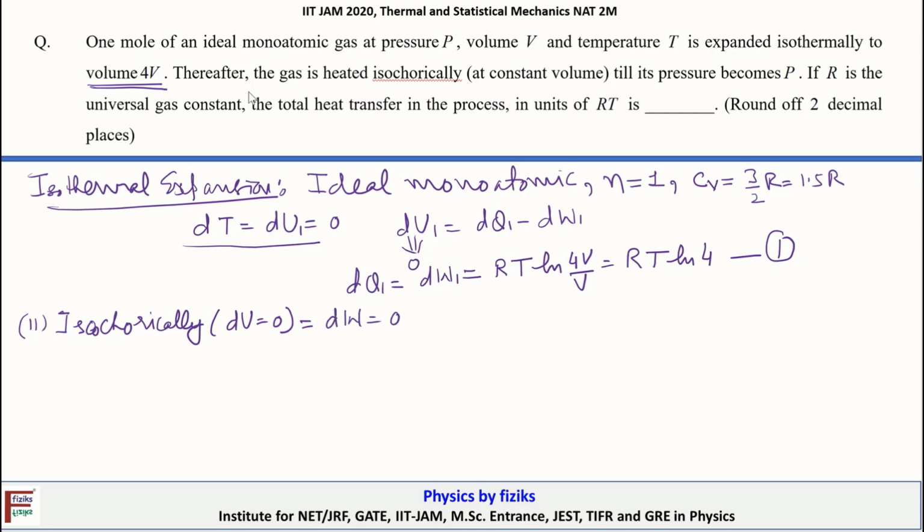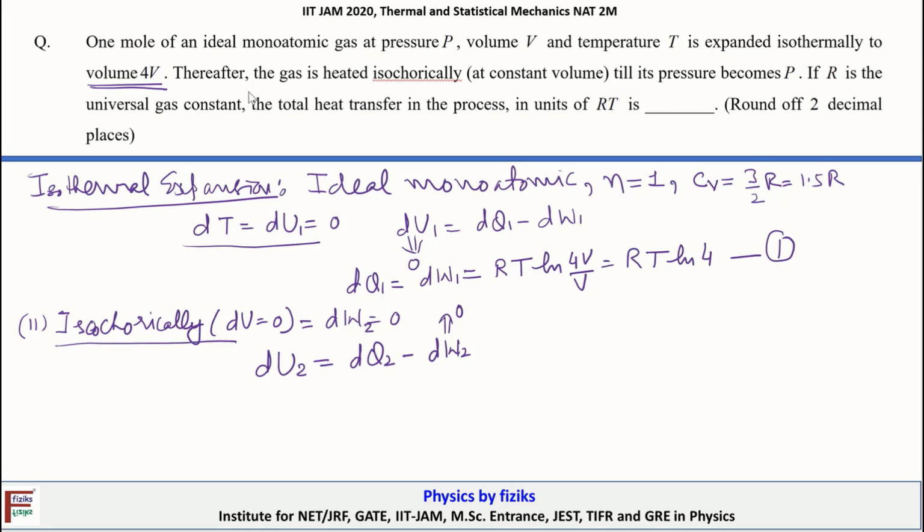If I write the corresponding internal energy change in this case as dU2, dU2 is equal to dQ2 minus dW2, and here dW2 is 0 as I said earlier. So dQ2 is nothing but the change in the internal energy when this particular process is performed.